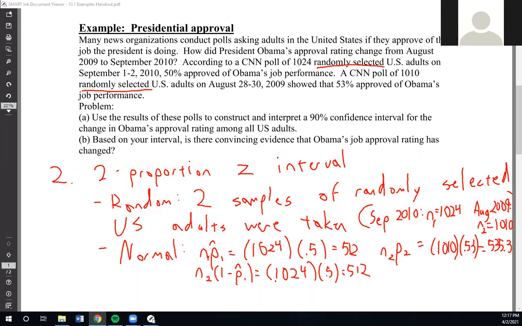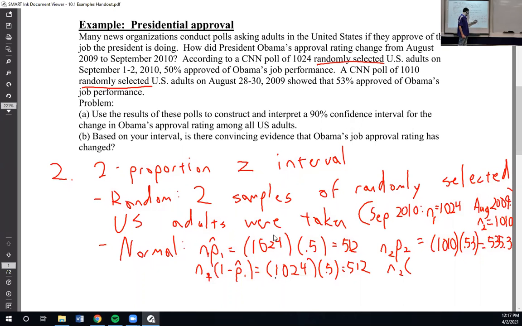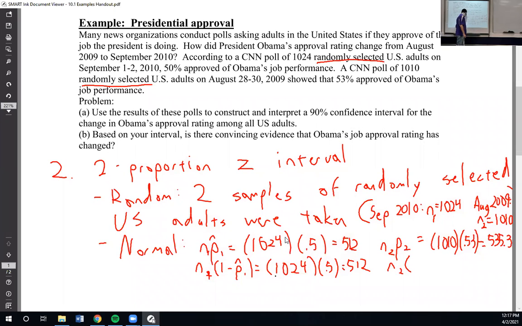Do you mean N1 times 1 minus P? Yes, N1 times 1 minus P hat 1. And then N2 times 1 minus P hat 2. Put hats on there. P hat 2, and then 1 minus P hat 2.